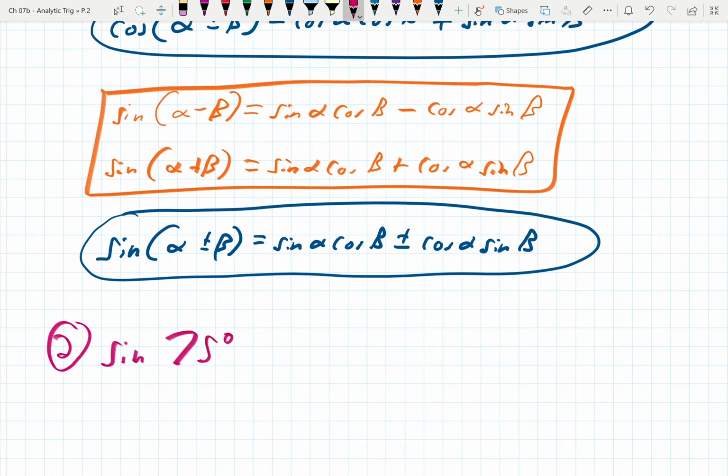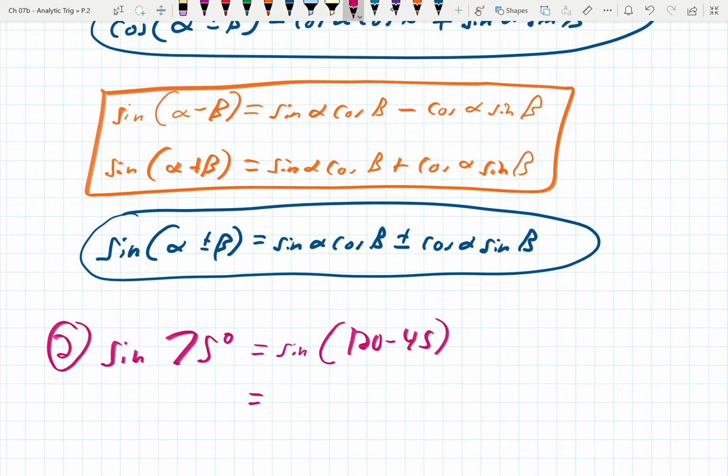Sine of 75. So for instance, 75 is also one of the 15-degree ones, and to do that you need to take a 45-degree one and add or subtract it. You could express this as the sine of 120 minus 45.